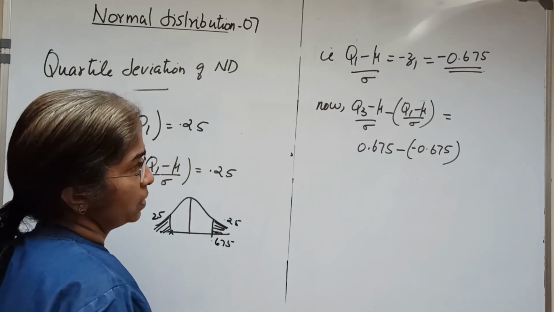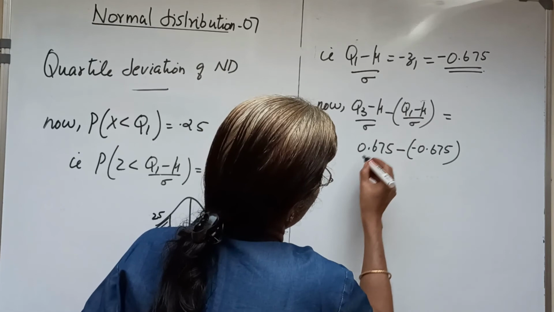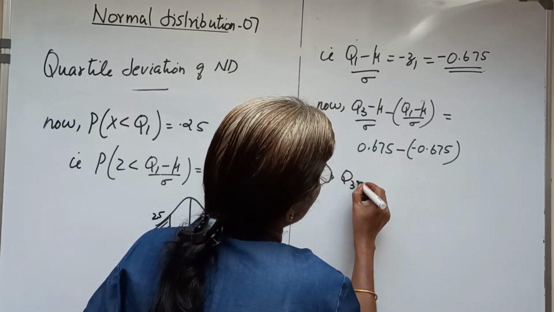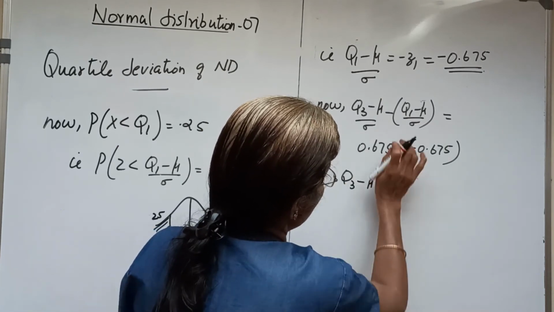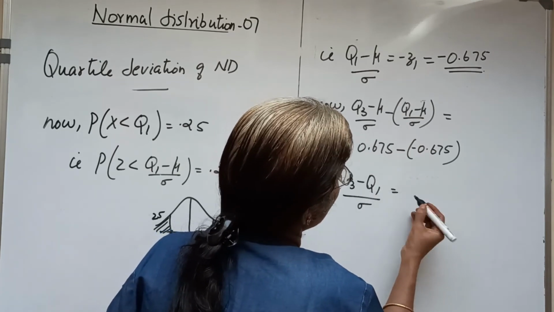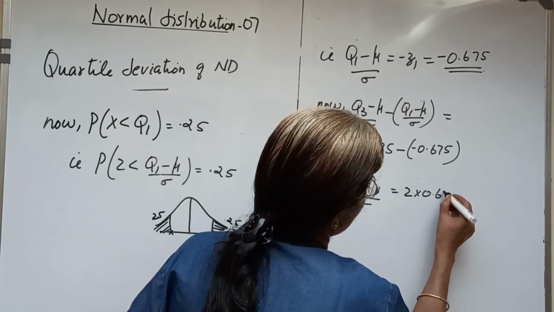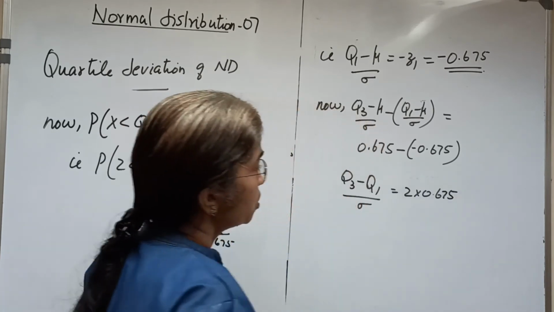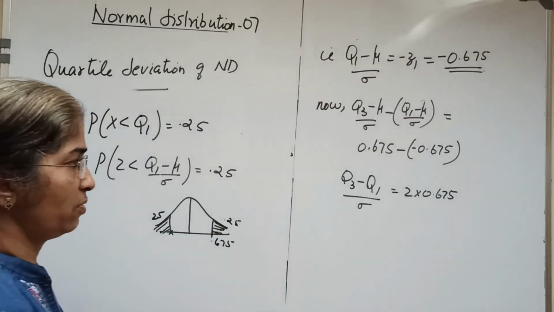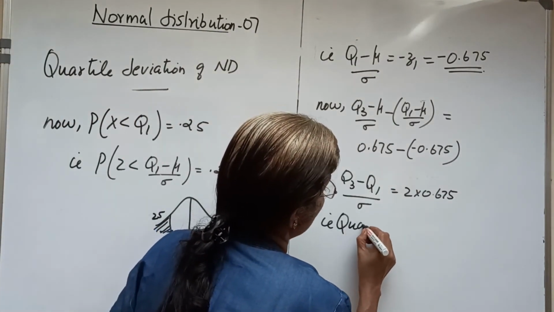0.675 is approximately 2 by 3. So (Q3 minus Q1) by sigma equal to 2 into 0.675. That is the quartile deviation.